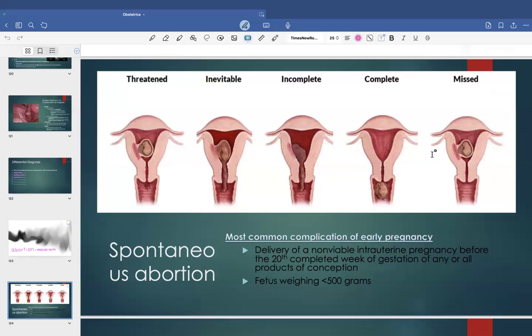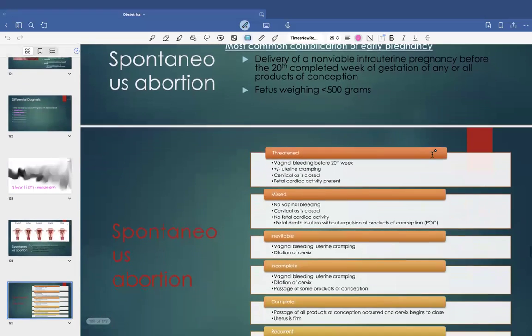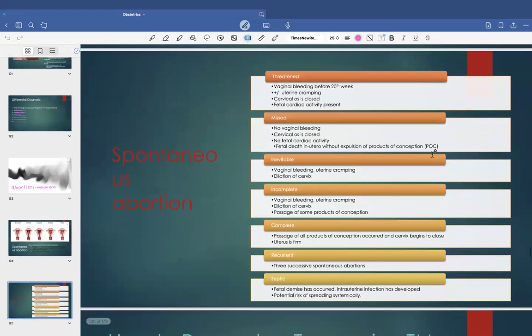So we're gonna talk about these in a linear order, and I'm gonna skip forward and then come back. This was a mnemonic that I found on YouTube that truly helped me. When I was in PA school, we just learned them individually: threatened abortion, missed abortion, inevitable, complete. But this helps you think of it in a way that makes more sense and it's easier to memorize.